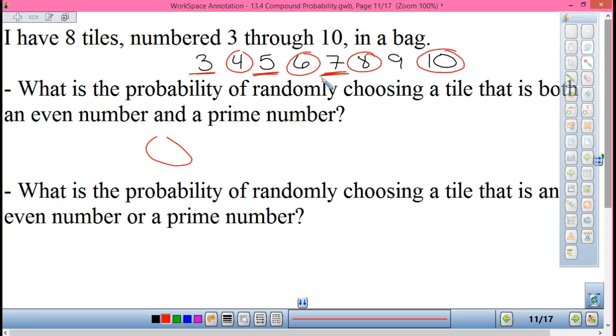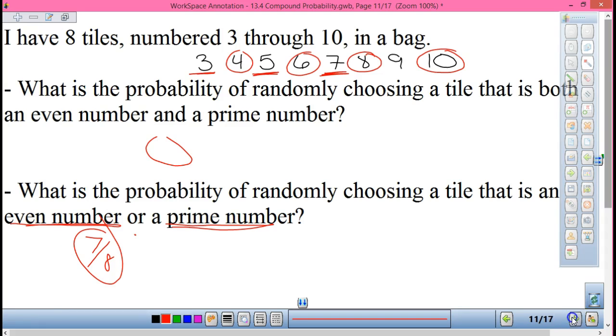No. So how many are up there marked? All guys, even or prime. So there's 7 numbers that are either even or prime out of how many? It's going to be 7 on 8.